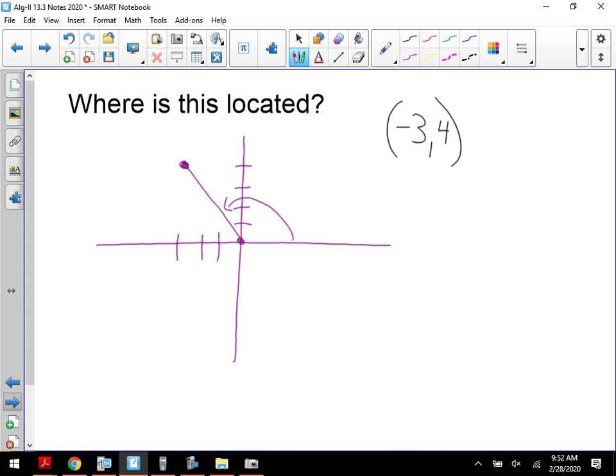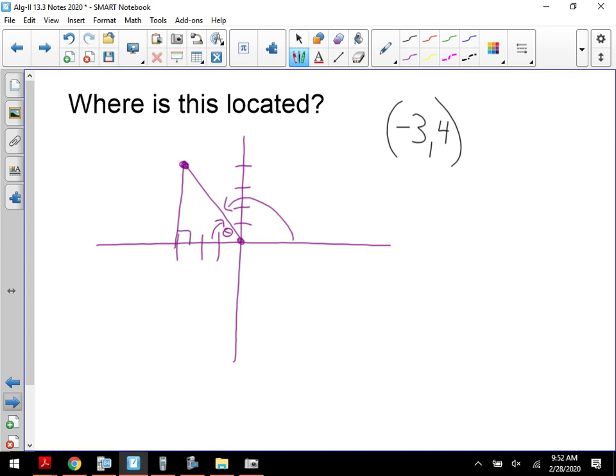Where is its reference? It's over here. So the reference angle is this guy here. I'm going to place a theta there. So far, so good? Now, if I draw this here, it's a 90-degree angle.